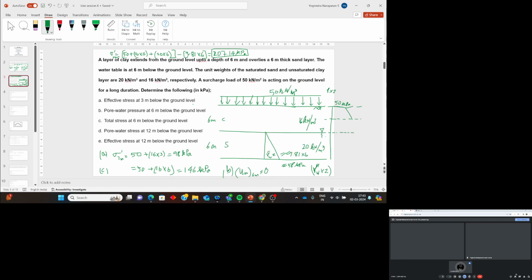You can go through the last week's lecture. In the same manner, we have solved some problems, including the effect of capillarity, so you can get accustomed with that part.